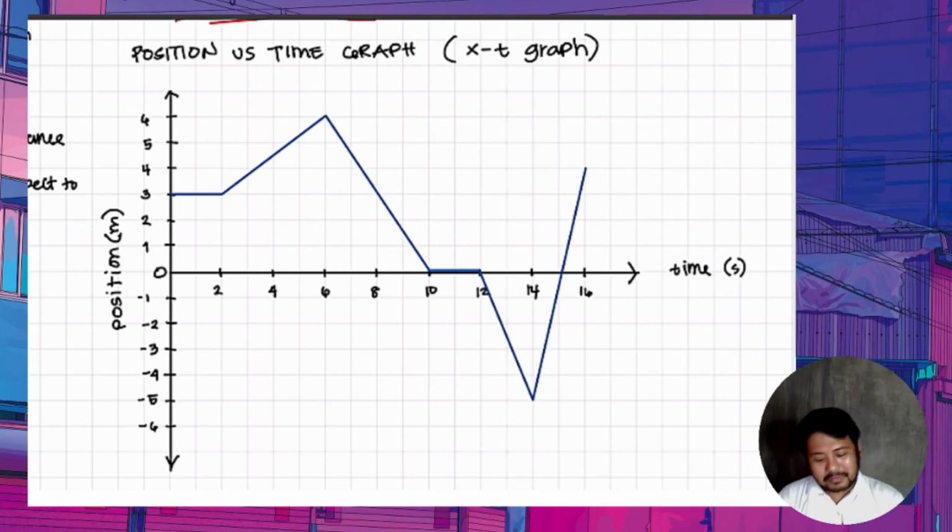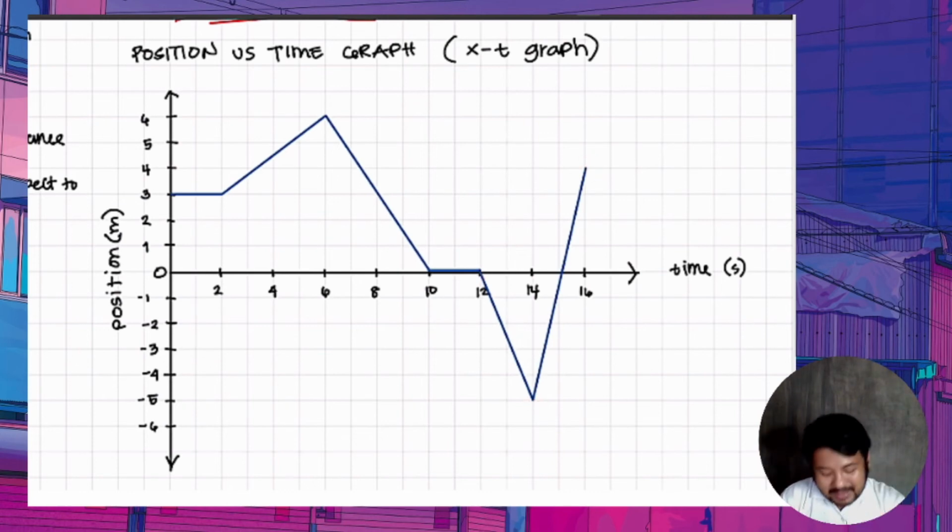You have here the graph. It's kind of complicated tingnan, I know. So as you can see, from 0 second to 2 seconds, straight lang siya. While from 2 seconds going to 6 seconds, nagdiagonal. Same thing from 6 seconds to 10, and then 12 to 14, and 14 to 16.